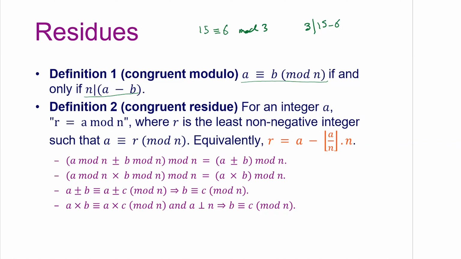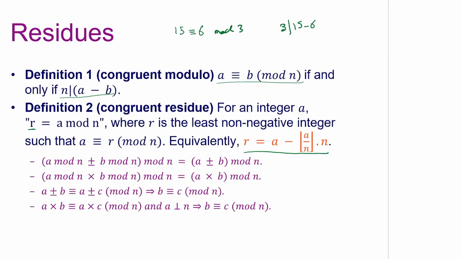And the other definition of congruent residue is that when we are given some A mod n, this is the remainder, then we can rewrite this formula in this format. In the beginning, it might sound like this is not very useful, but soon you will see that we're going to use this relationship to compute the GCD.